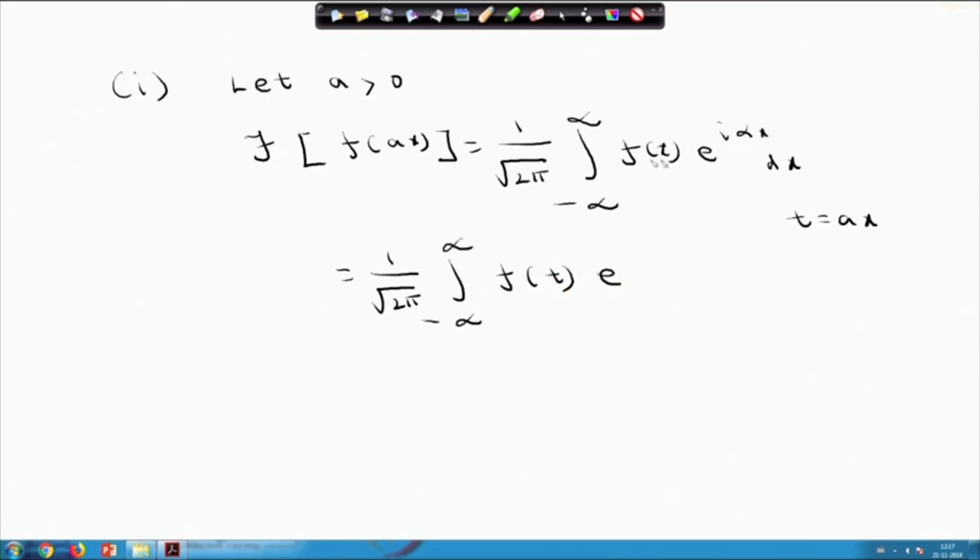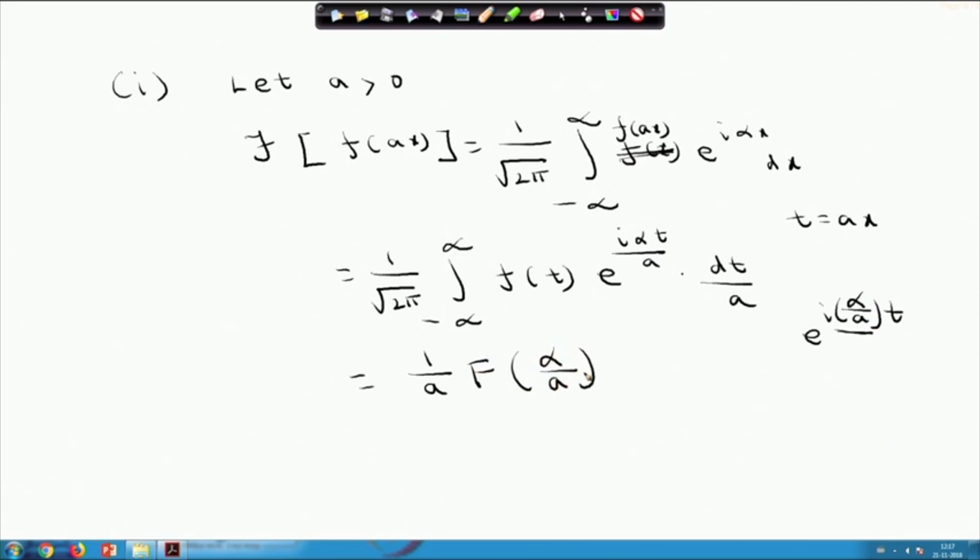Sorry, this was f(ax), I had written it wrongly. By substituting this and bringing 1 by a outside, it is f(t) e^(i(α/a)t), and this means it will be the Fourier transform of f at α by a.